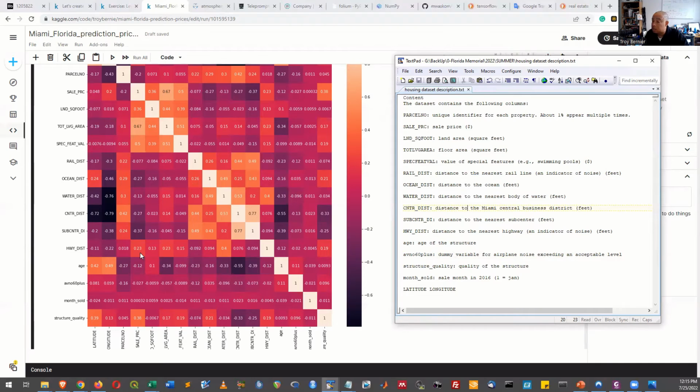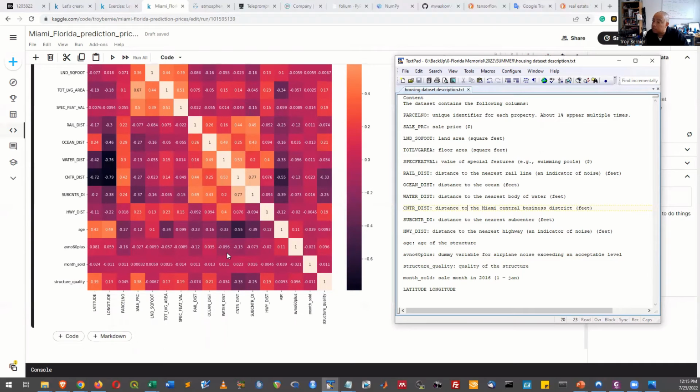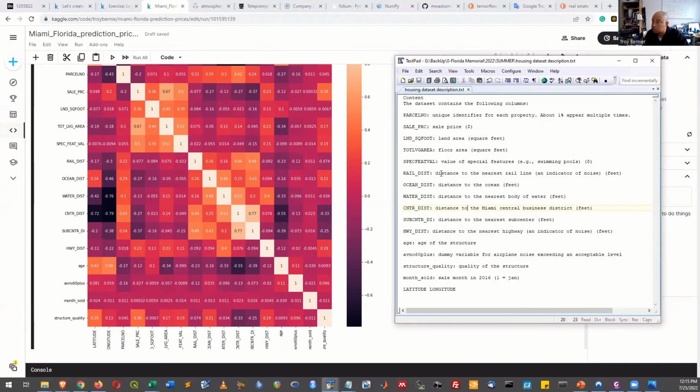Is highway distance highly correlated with anything? 0.4, there's some correlation, and that one is some correlation with water. Highway and water, I'd have to look at that on a map. Doesn't mean a whole lot. In my opinion, it could mean anything. Let's find something else.